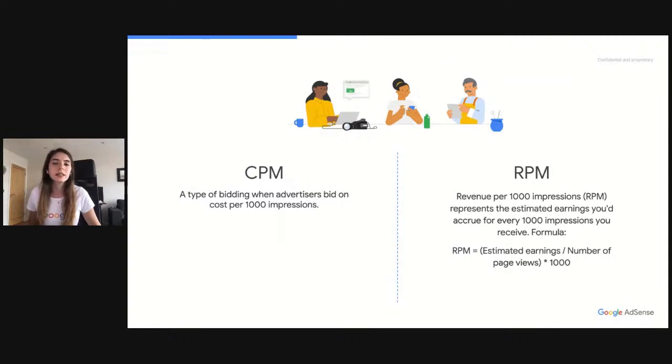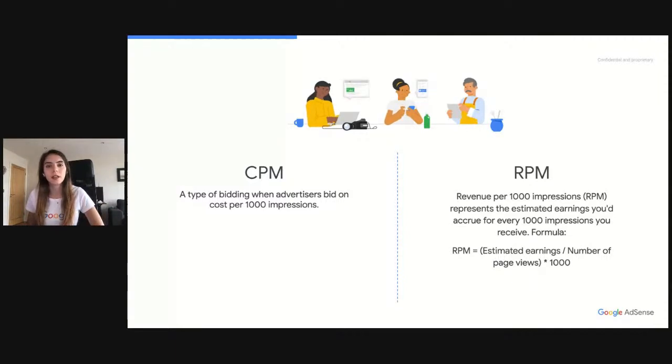So next to click-related metrics, we also have impression-based earning methods, which are CPM and RPM. So CPM, cost per mil, cost per 1,000 impressions, is what advertisers pay. A type of bidding when advertisers bid on cost per 1,000 impressions.